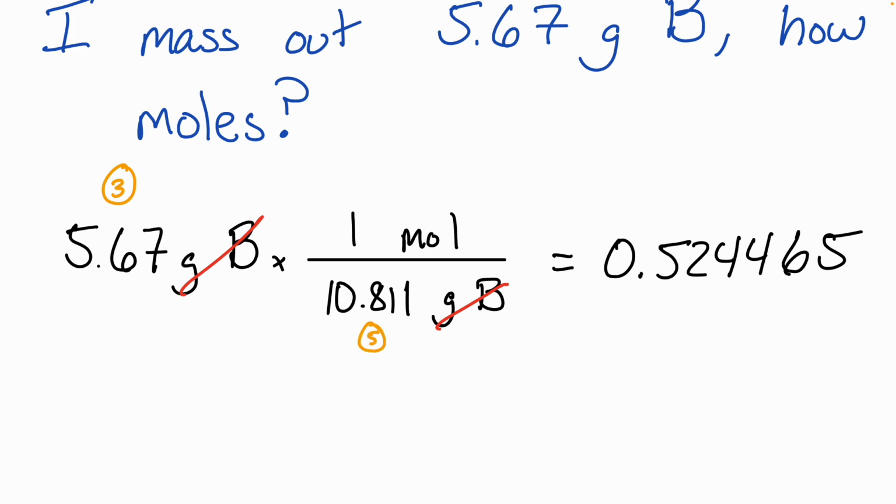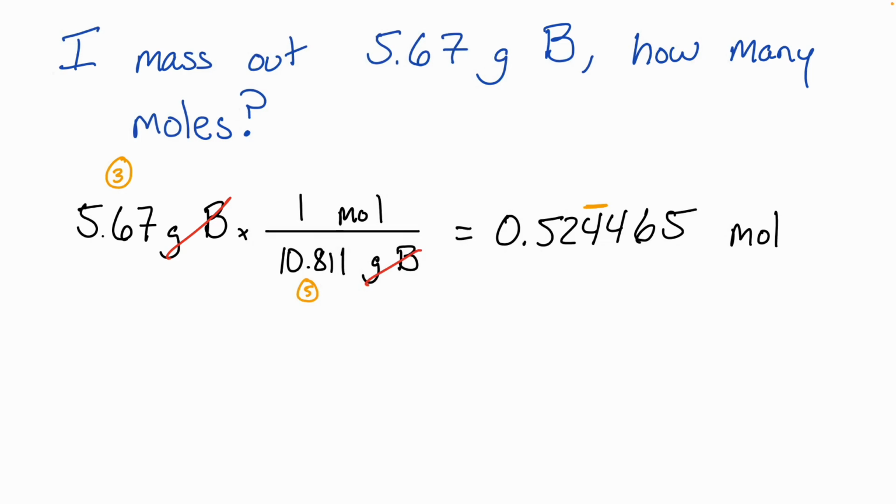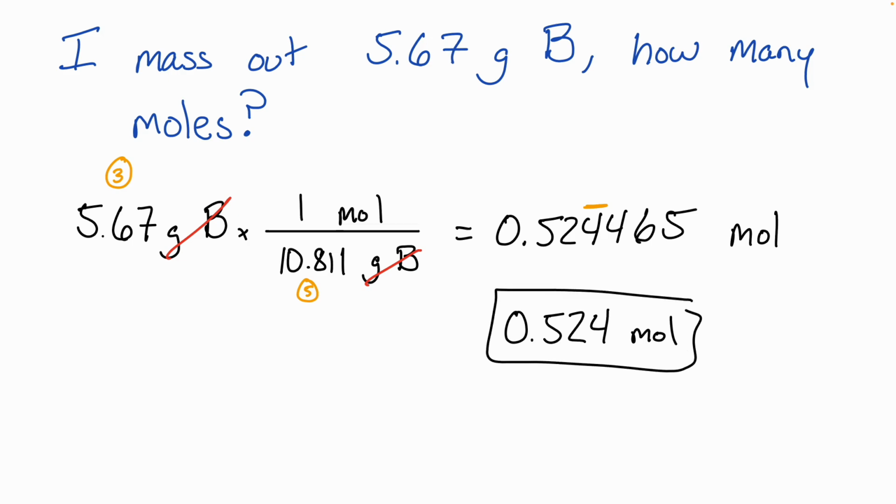Typically, we're not limited by them. Our periodic table tries to give us as many digits as possible, but it's limited to the accuracy of whoever took those measurements. So in this case, my final answer would have 3 significant figures, or 0.524 moles of that boron.